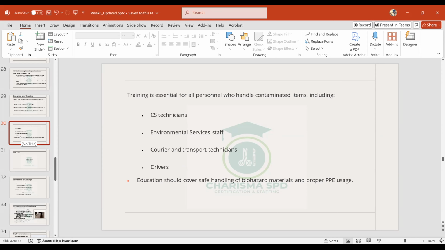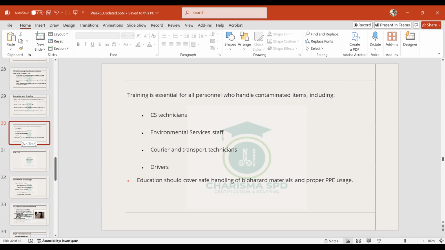Which people handle the disposable items part of the preparation or transportation? Environmental. Good. So they also have to be trained how to dispose of those disposable items.